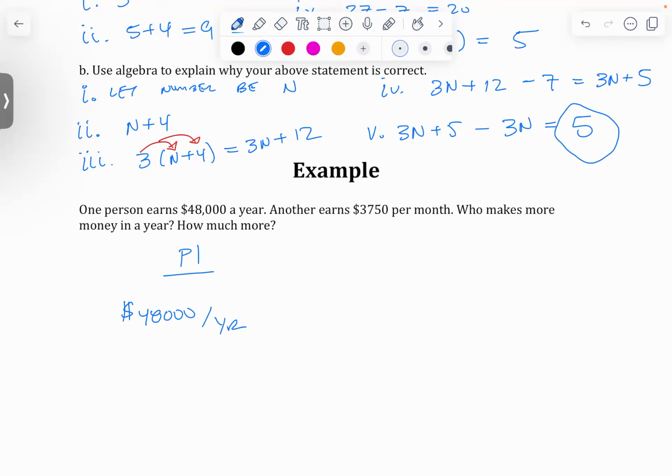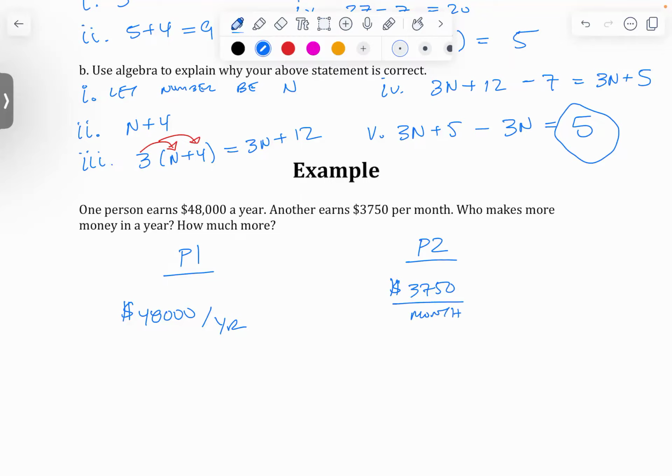And this one, I just want to identify notation. Notice I wrote $48,000 slash year, per year. It's important to get notation lined up because this one is 37.50, per month.